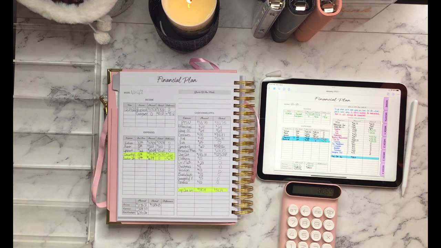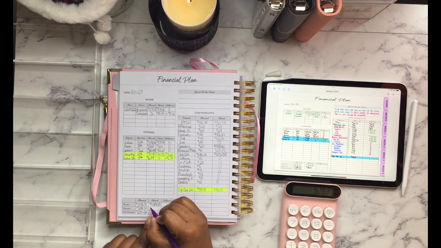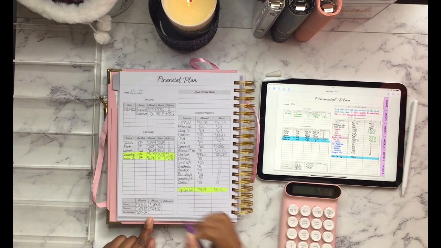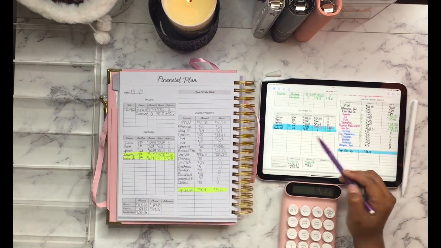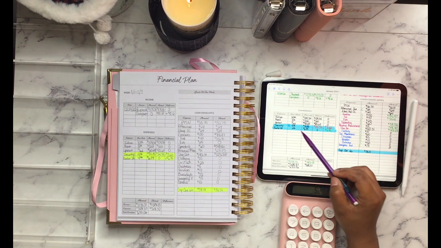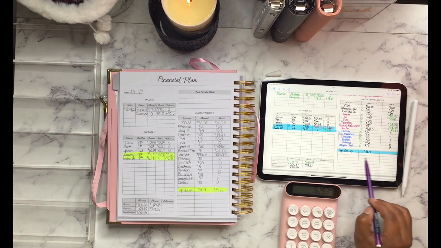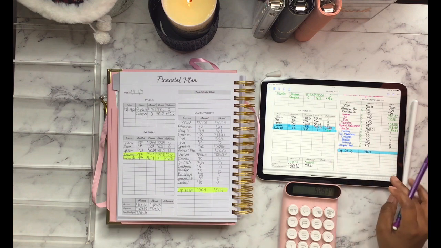80.69 plus, I think I put that plus 38.14. I have 528.37. So we'll put that here. 528.37. And I already have it here as well. Same thing. These are my expenses highlighted in blue that I used this amount here to cover.